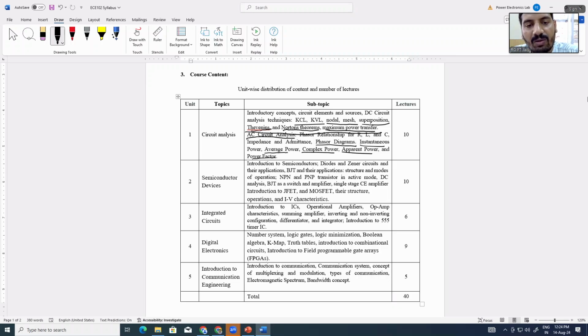So throughout your whole engineering study, these concepts will be used. These are very much important for your whole 4-year study.